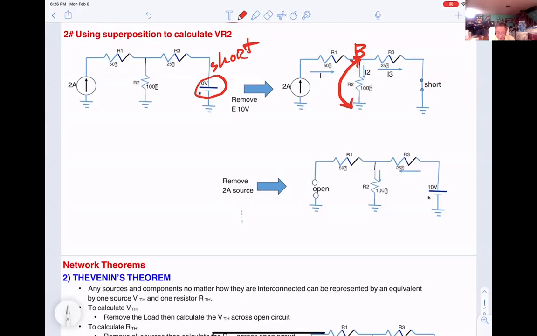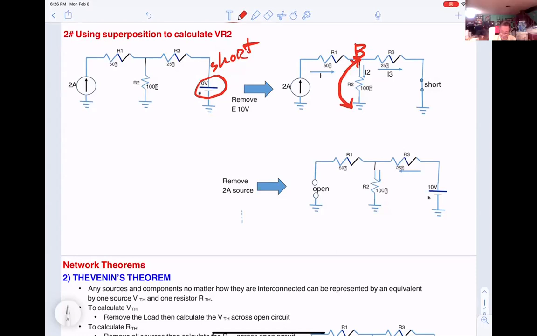Now I want to calculate the voltage of R2. That means you need to calculate the I2. VR2 will be equal I2 times R2. How do we calculate the I2? We use the current divider law.